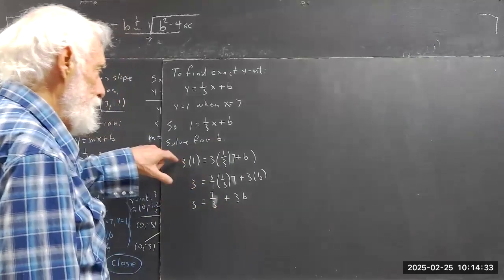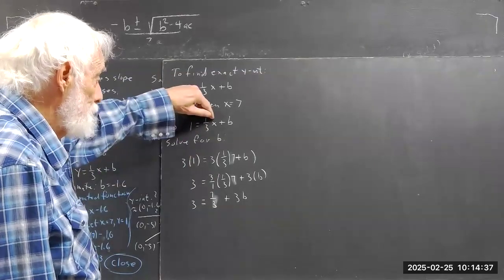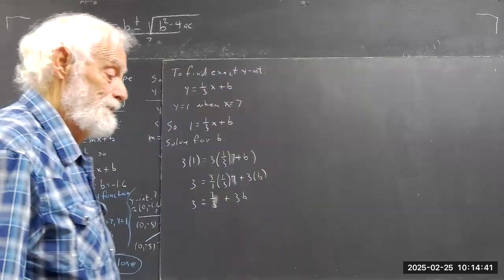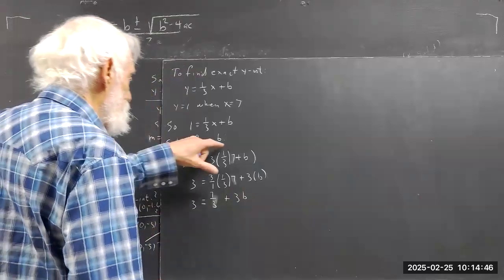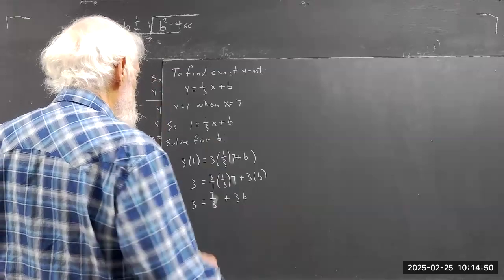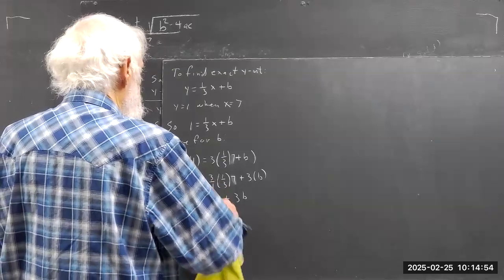Now you can see what I did in this step. I replaced y by 1, but then I didn't replace x by 7, because I was thinking ahead and not thinking ahead very clearly. Okay. So replacing x by 7, this is what we get. And it's not 7/3 anymore because the 3's divide out.